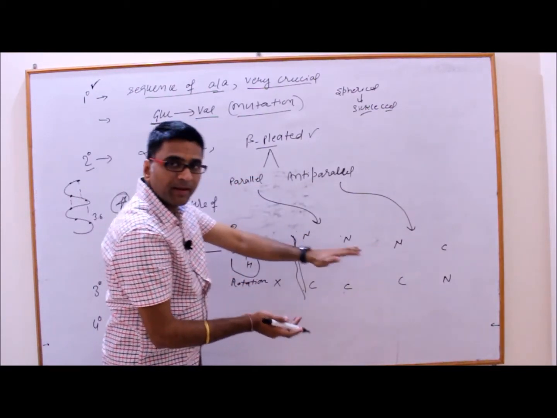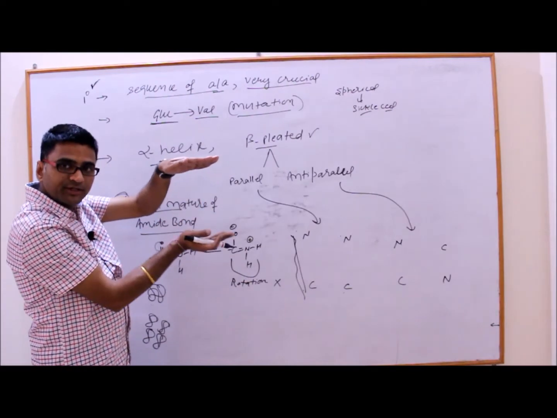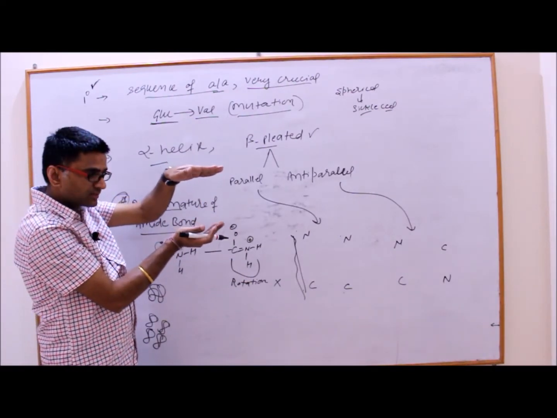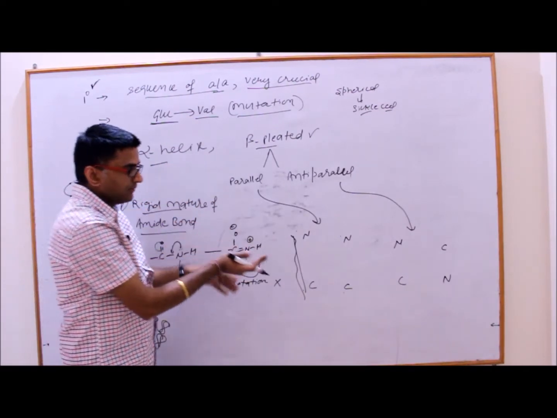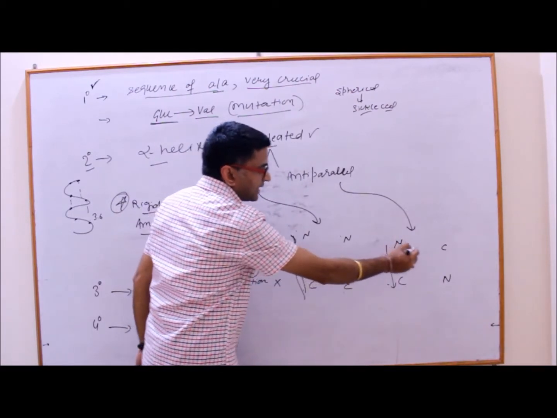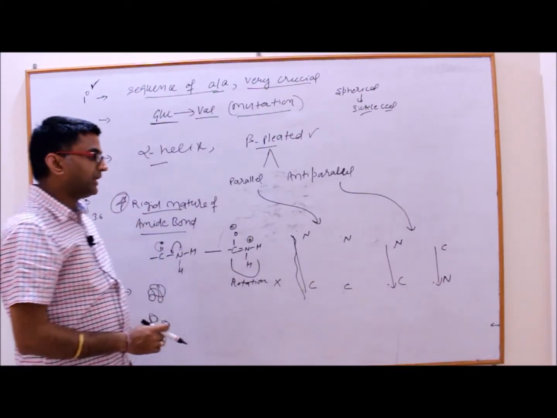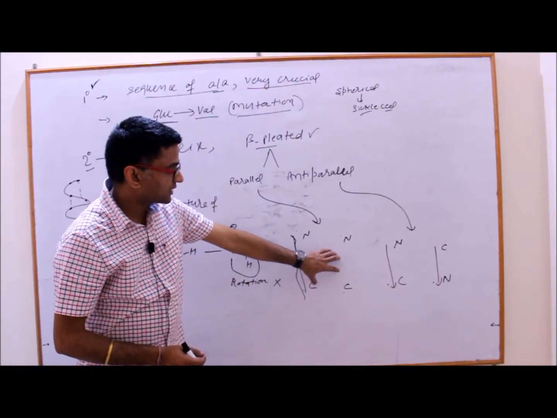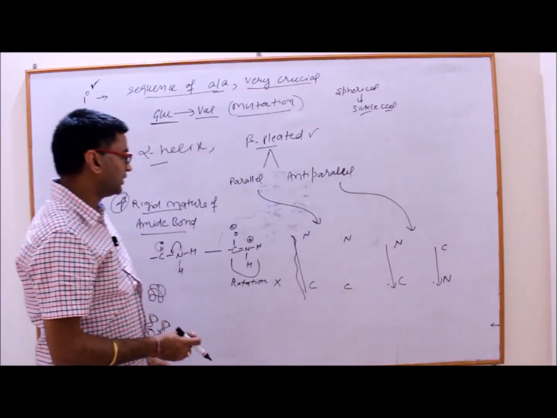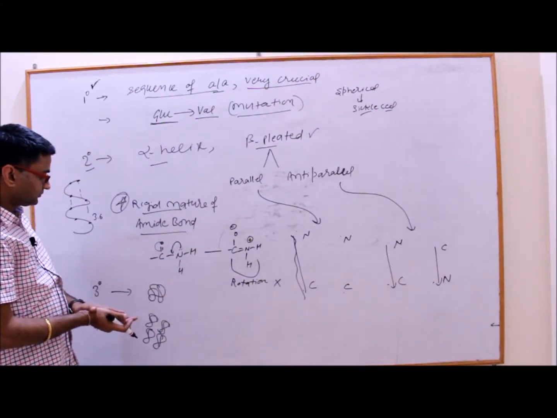But when it is anti-parallel, one sheet is N terminus to C terminus, but the next sheet is C terminus to N terminus, then we call it an anti-parallel beta pleated sheet, and both sheets are held together by hydrogen bonds, which are weak forces.